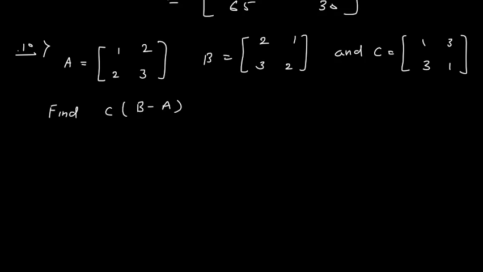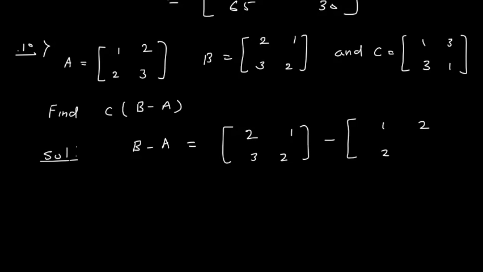A, B and C are given. We have to find C into B minus A. So first we find B minus A. B is [2, 1; 3, 2] minus A, which is [1, 2; 2, 3]. So B minus A will become 2 minus 1, 1 minus 2, 3 minus 2, 2 minus 3.